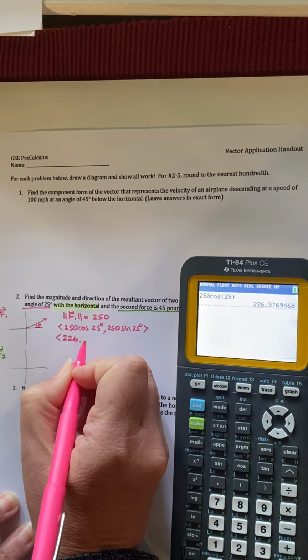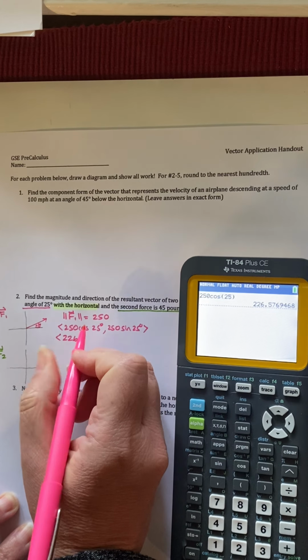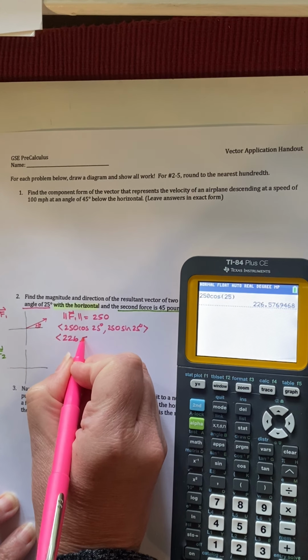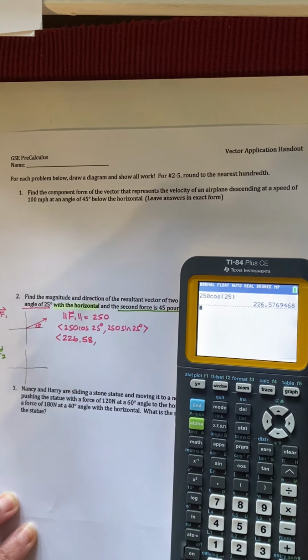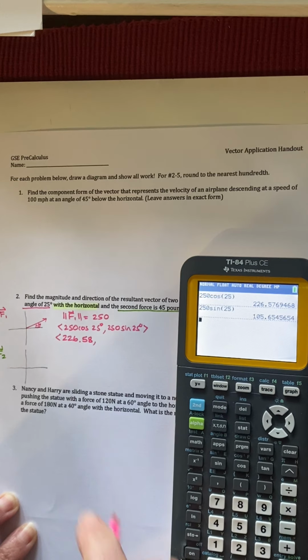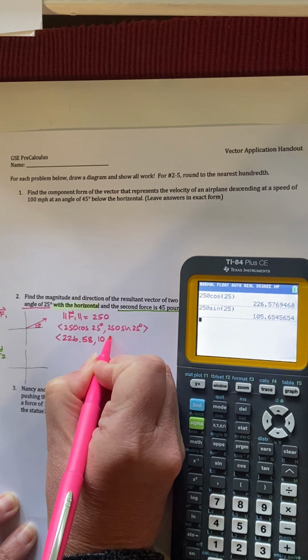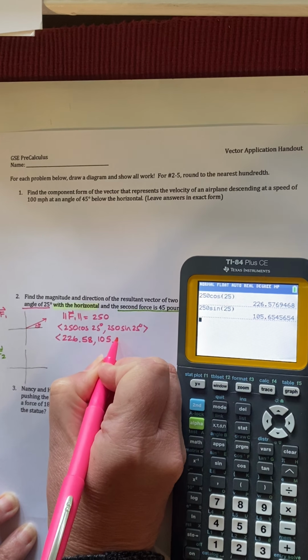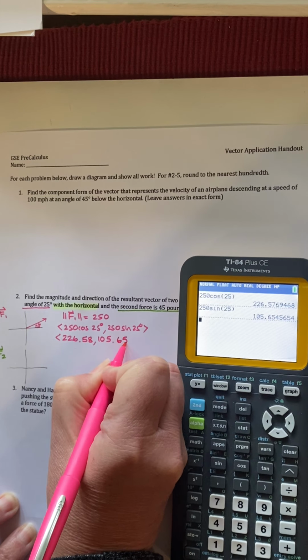226, and we can just round to the nearest hundredth. You could store these to make them more accurate, but to make it a little bit simpler, I'm just going to round to the nearest hundredth here. And then you would take 250 times sine of 25 degrees, and that's going to give you 105.65.